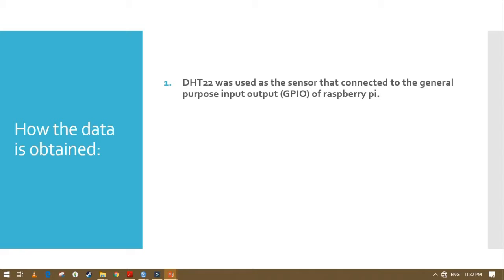So, how is the data obtained? Firstly, in this project, the DHT22 was used as the sensor to test the humidity of the air, and the sensor is connected to the general purpose input-output, which means GPIO, of the Raspberry Pi.